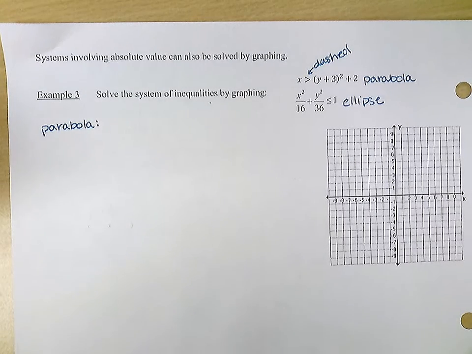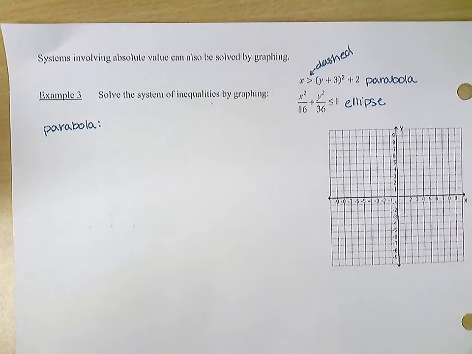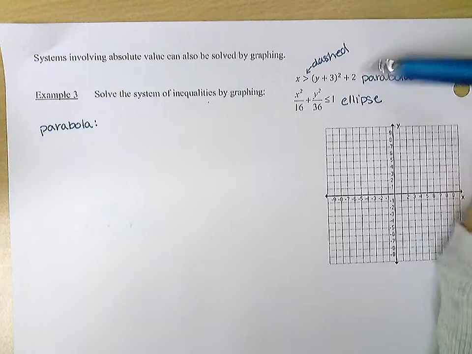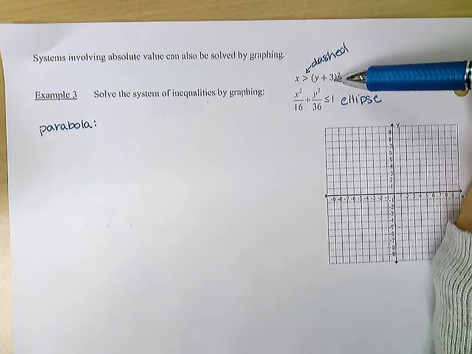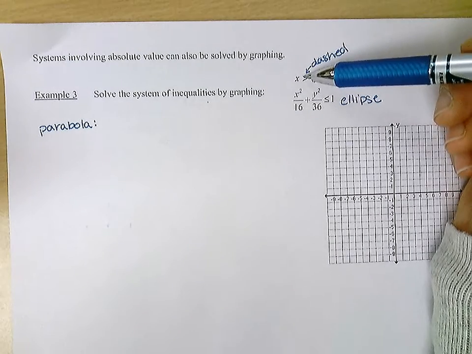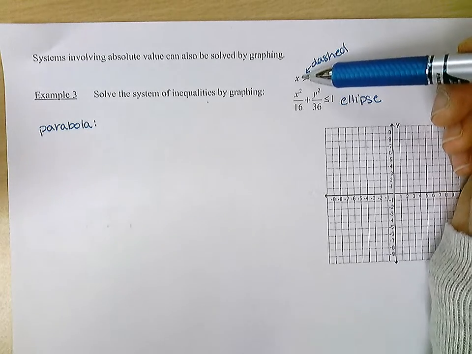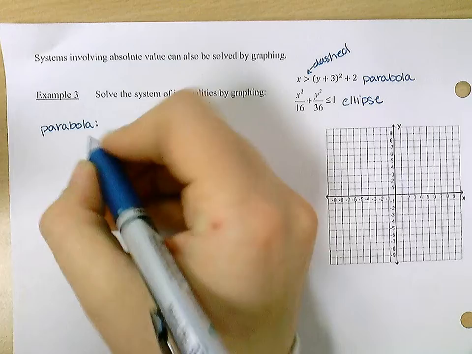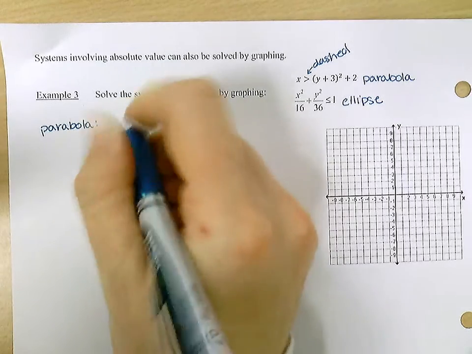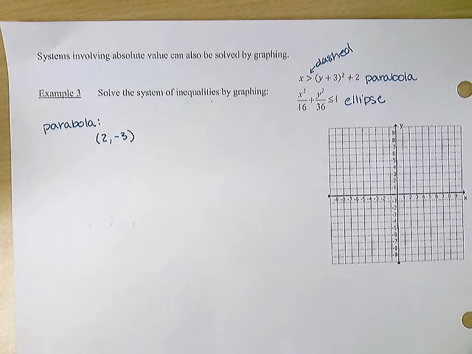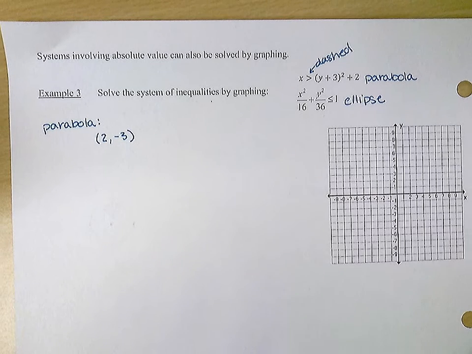Our vertex point is at (h, k). So h is on the outside of this one, k is on the inside, because this is a parabola that goes to the right, because it's an x greater than. Okay, so h is on the outside, k is on the inside. So our vertex is at (2, -3).